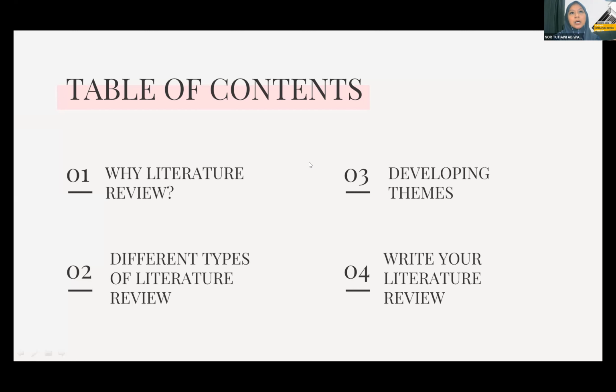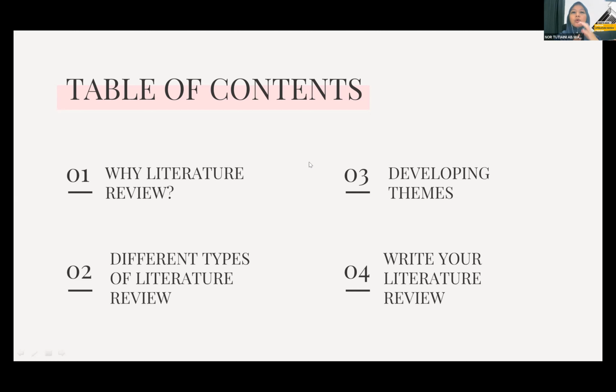So maybe at the beginning of the chapter you want to start with a narrative literature review. You are telling a story, introducing this and that, and then later towards the half of the literature review, you start to argue. So you give momentum to your writing, and then perhaps at the end of the chapter you want to go back to the narrative type of literature review.